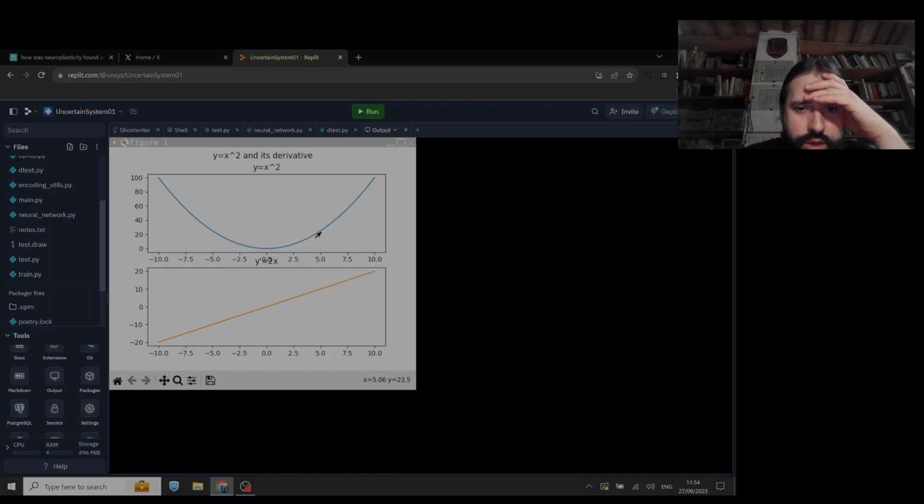So essentially, when I calculate the derivative, it's going to be this function. And if I give it a 5, it's going to give me like 10. So yeah, okay, fine, but then I just minus it? I just don't understand.